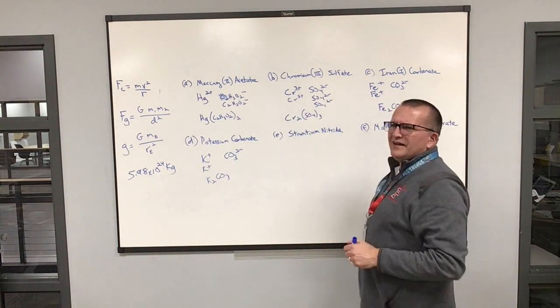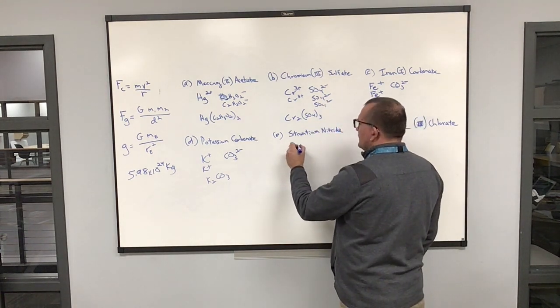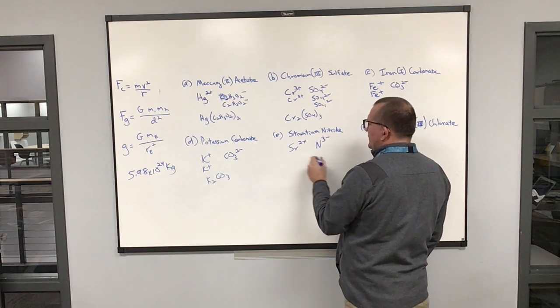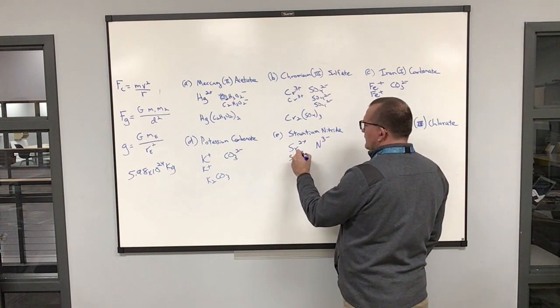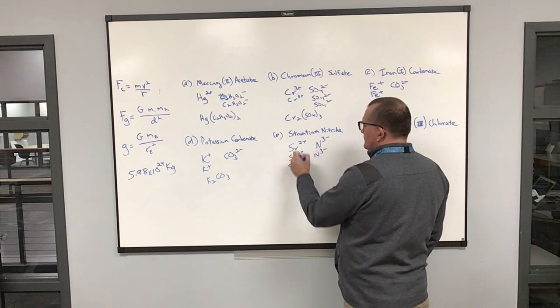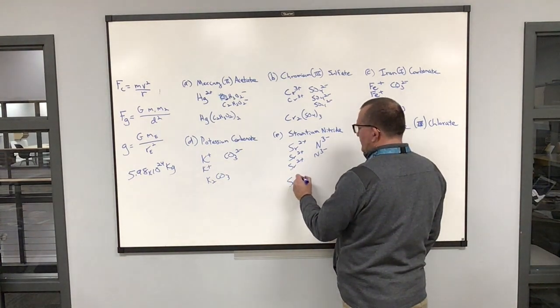Strontium nitride, I know the charge of strontium is positive 2. In the periodic table, nitride is nitrogen, negative 3. Six and 6, 3 and 2, Sr3N2.